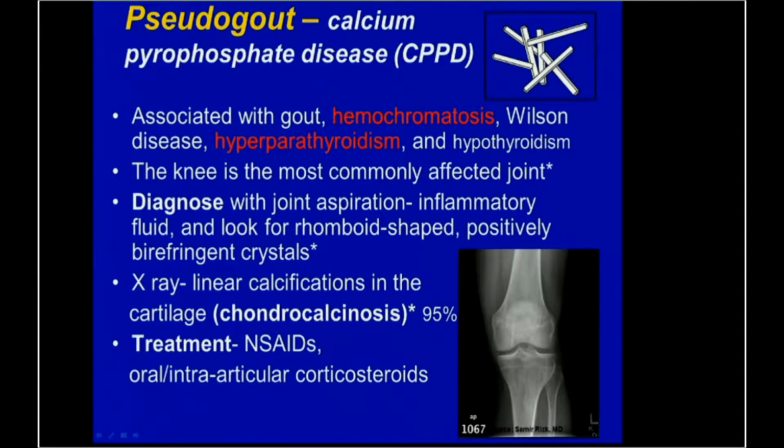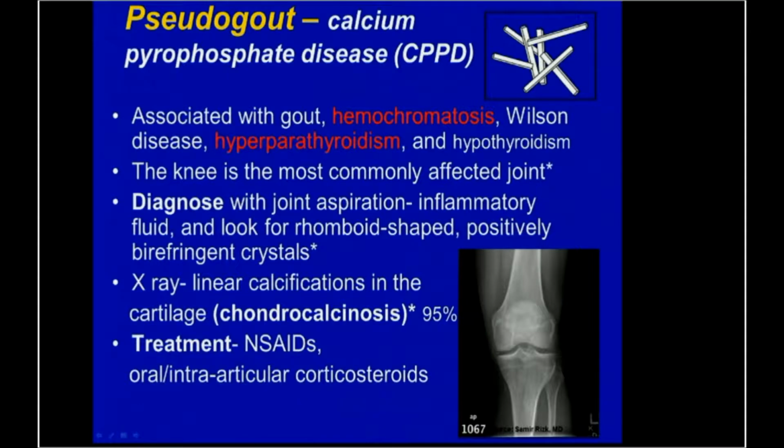And how do you diagnose this? Joint aspiration. You will see inflammatory fluid and look for the rhomboid-shaped, positively birefringent crystals that we talked about before. They might try to trick you that the patient never had a previous episode of gouty arthritis. You checked his uric acid for some reason and it's a little bit elevated.